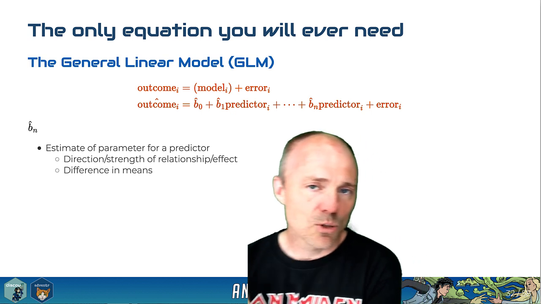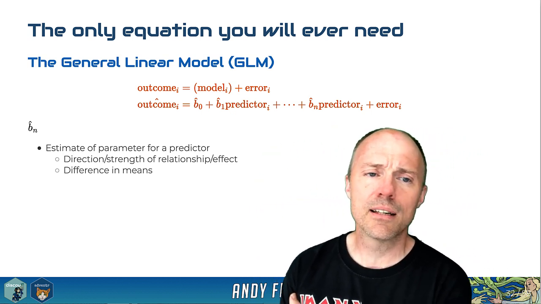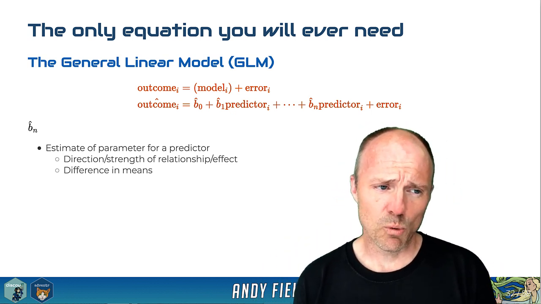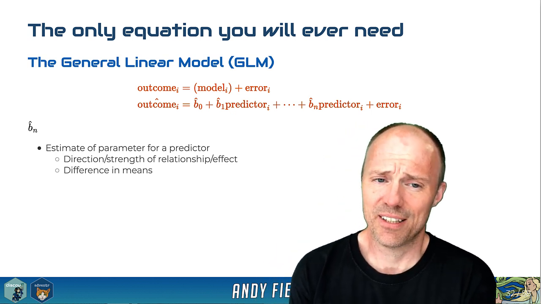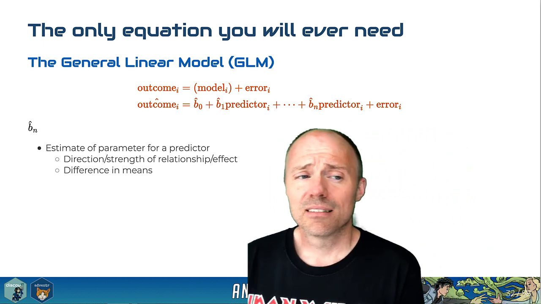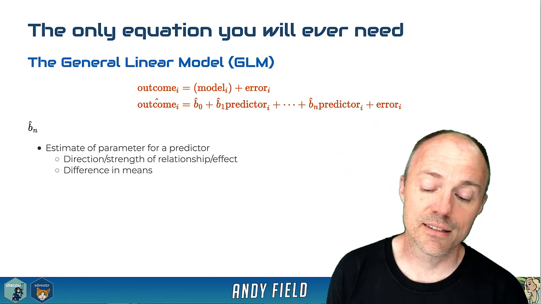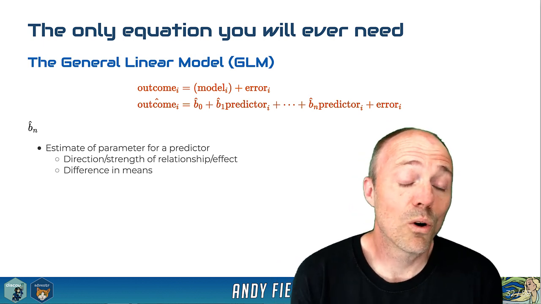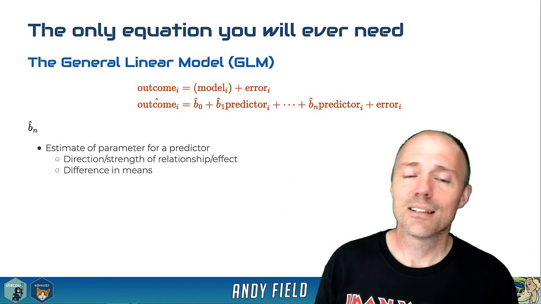So again, you can do a little mental quiz here. Within this model, we've got some betas or parameters attached to the predictor variables. So in general, we could call these beta n's, where the n is a number that says whether it's the first, second, or third predictor variable. Have you learned before what that represents? If you've heard of the equation of a straight line, it should be familiar to you, because it's the gradient of the line.